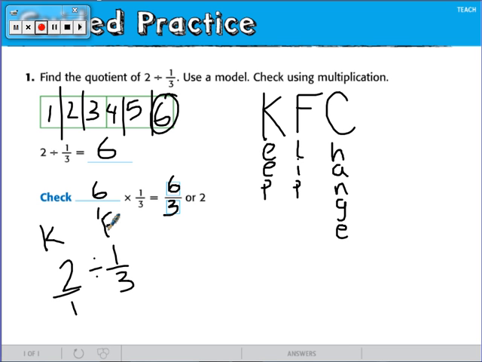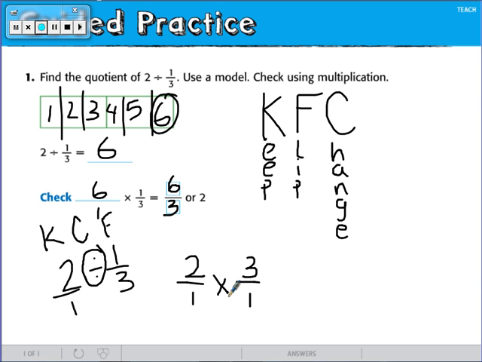So now I have 2 over 1 and 3 over 1. I change my division. What's the opposite of division? Multiplication. So I change my division to multiplication.